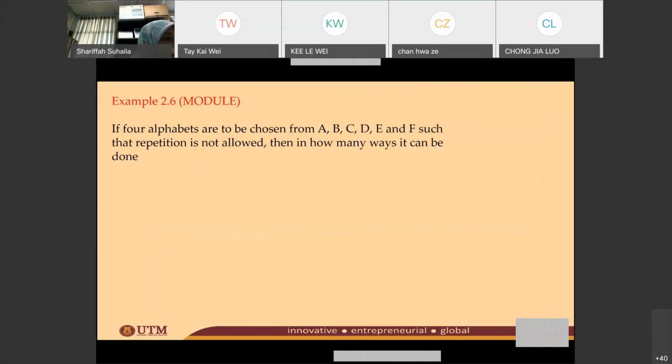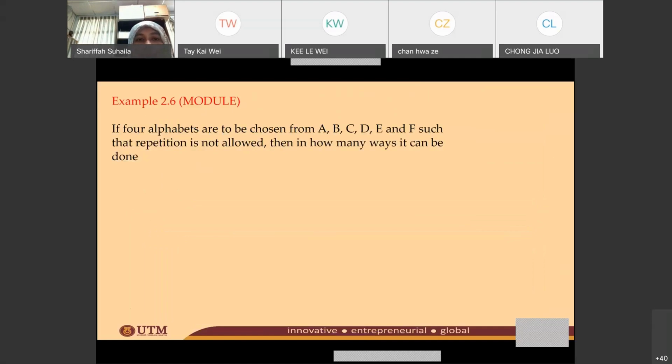Okay. So if we have example 2.6 in your module, if 4 alphabets are to be chosen from A, B, C, D, E, and F, such that repetition is not allowed, then in how many ways it can be done?